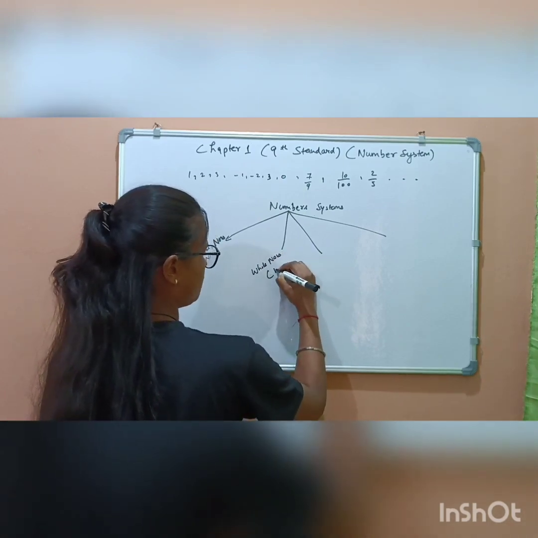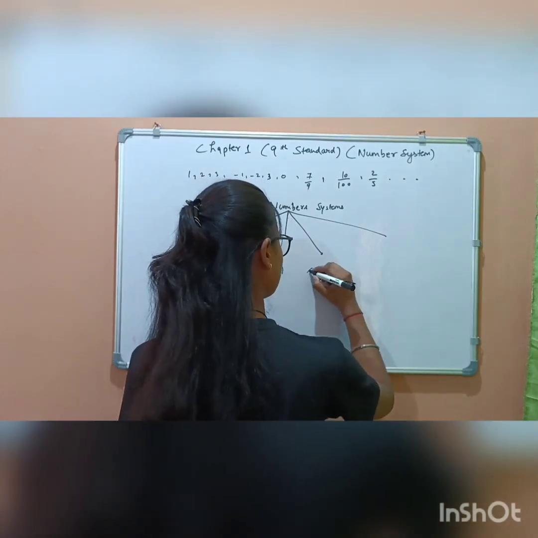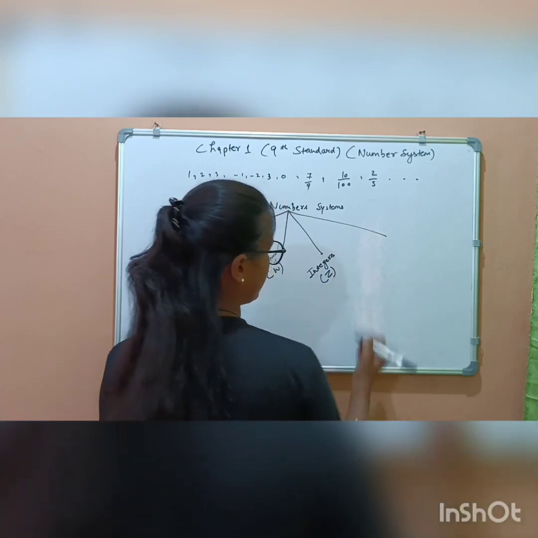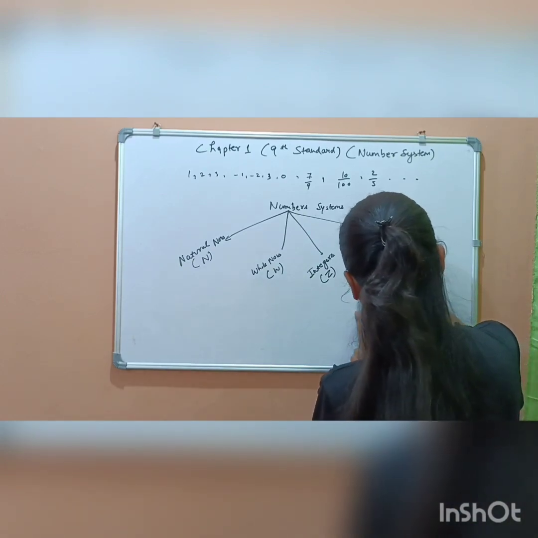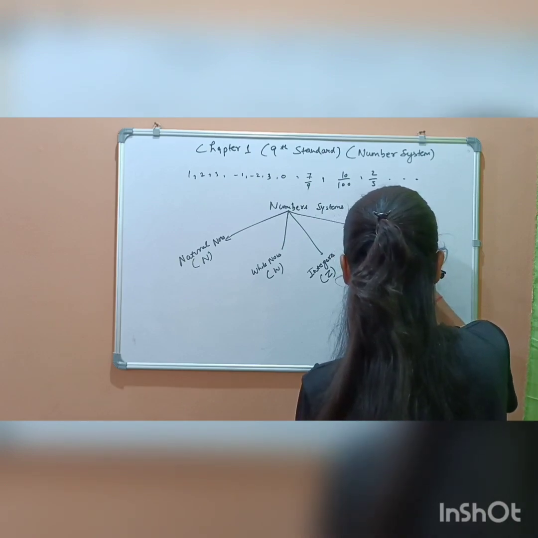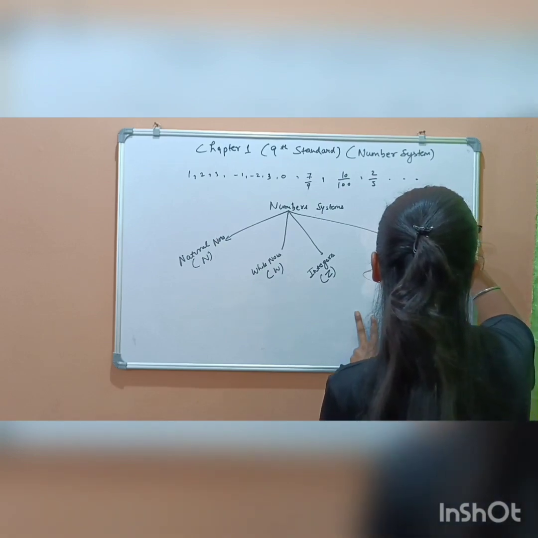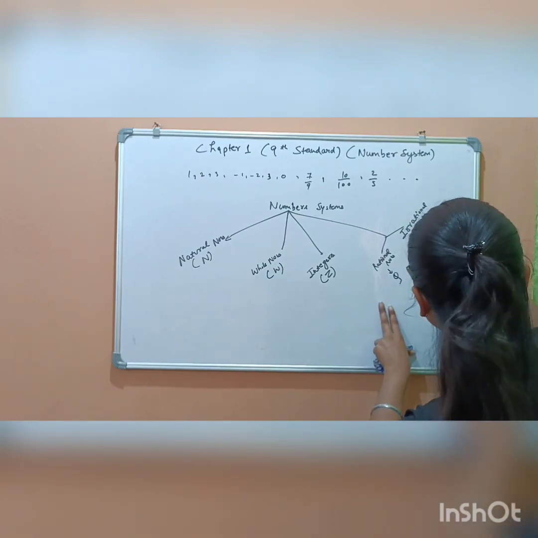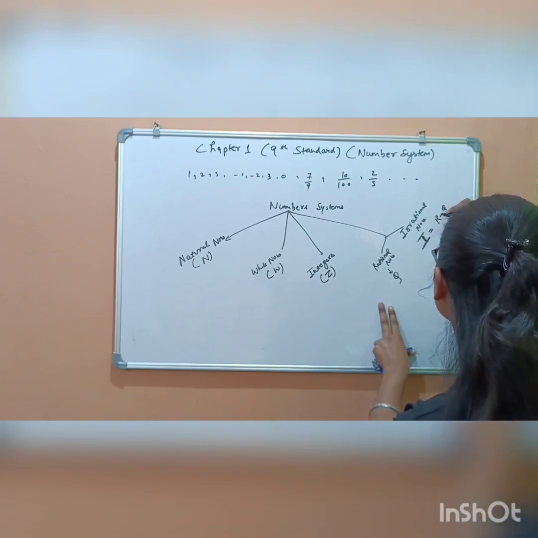Representation of whole numbers is by capital W. Third one is integers. And representation of integers is by capital Z. And fourth one is a typical category, that is rational numbers and irrational numbers. Clear? So rational numbers is represented by the capital Q, irrational numbers is by I. Which is real minus rationals.